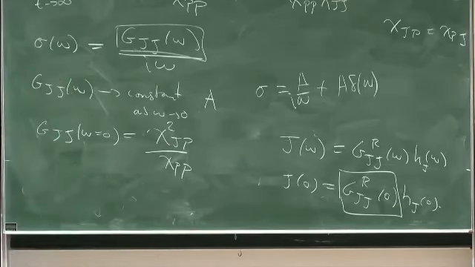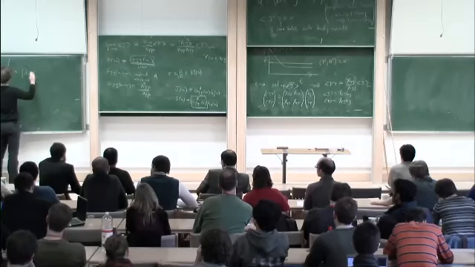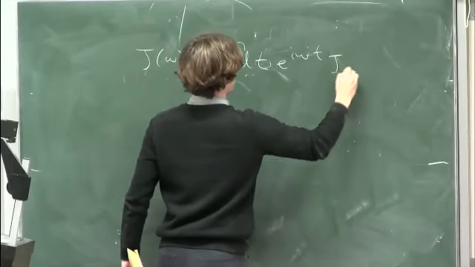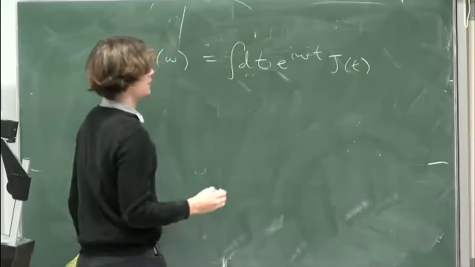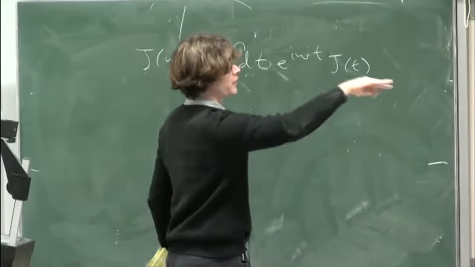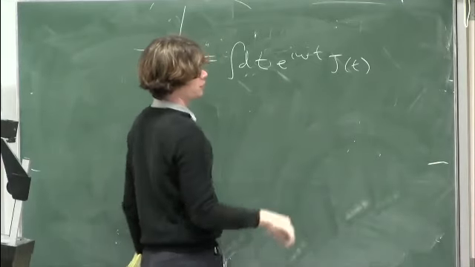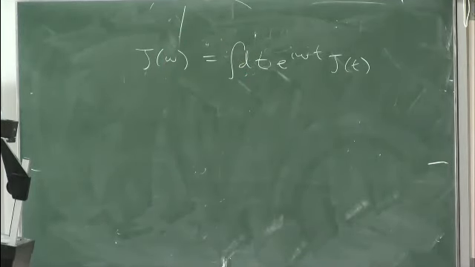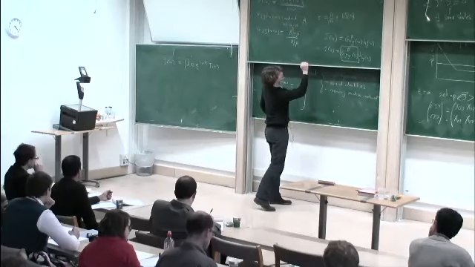So said differently, we could decompose this current J into some sum of modes, and this constant bit that doesn't decay is the omega equals 0 term. Okay, I'm confusing myself.